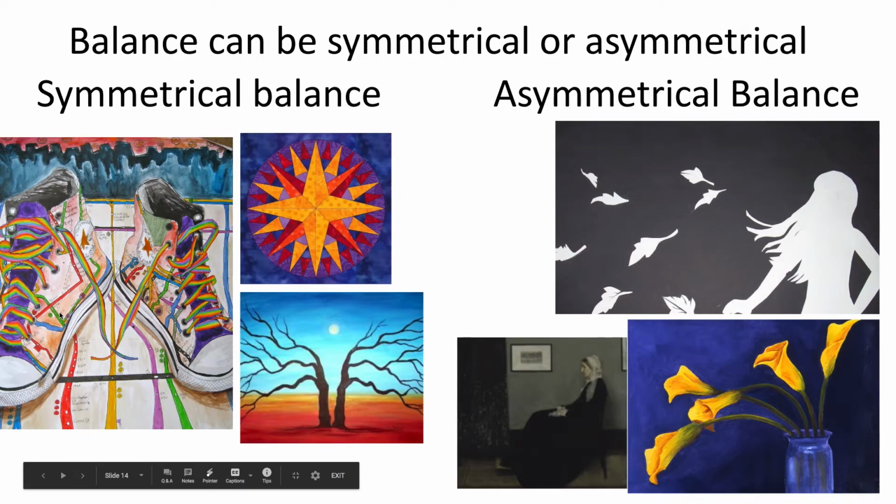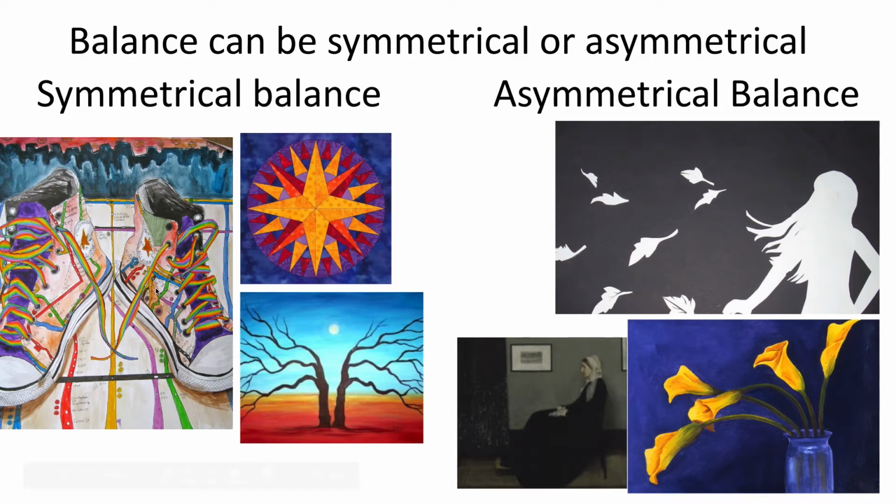And you can also see that the other elements in here, you can see line and you can see color, even some pattern in here. So a lot of the elements are used together. The way these things work together is many times more than one element and more than one principle at work at any time in a composition.